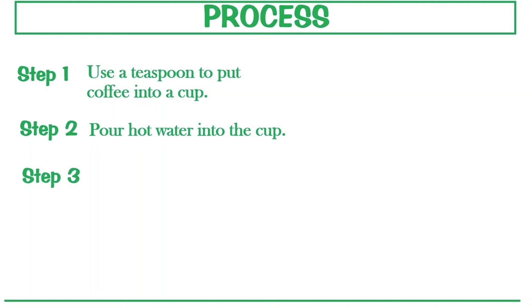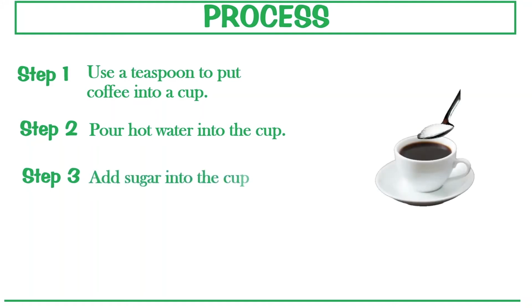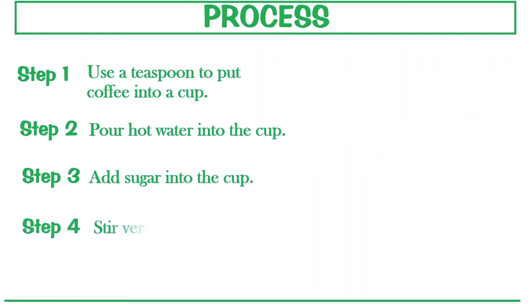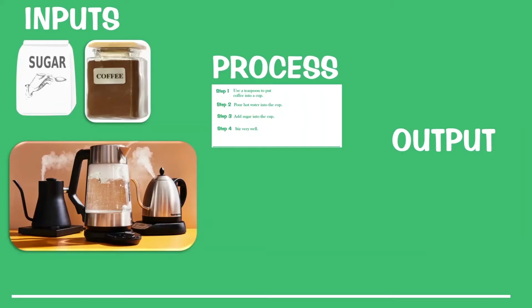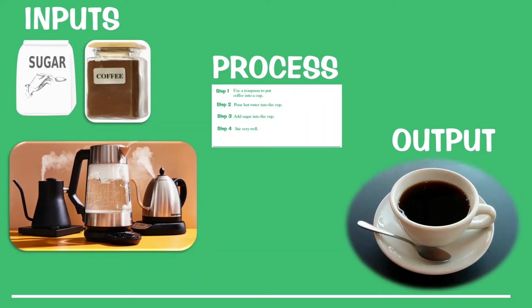Step 3, add some desired amount of sugar, say for example 3 teaspoons or so. Now, it's important to know that step 2 and step 3 can be interchanged. Step 4, stir well. And then step number 5, enjoy your cup of coffee. That's your process. The output is a cup of coffee.